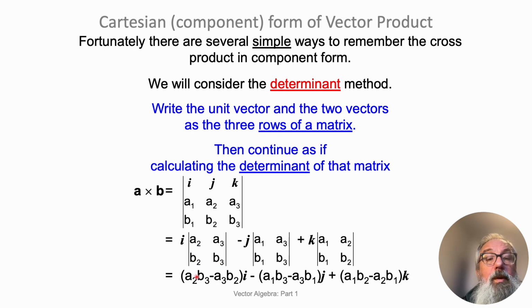So A2 B3 minus A3 B2 times I, minus A1 B3 minus A3 B1 times J, plus A1 B2 minus A2 B1 times K.